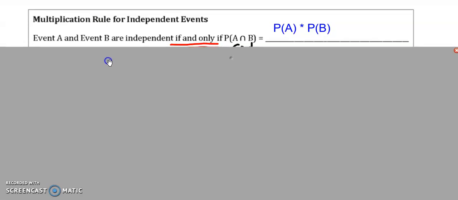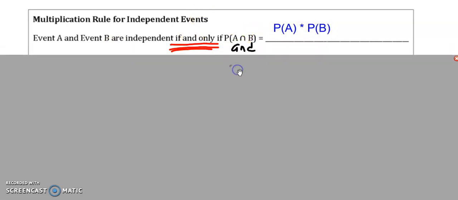So our rule itself: two events, A and B, are independent if and only if the probability of A times the probability of B is equal to the probability of A and B. So again, anytime we have a question of independence, you're going to use the multiplication rule.